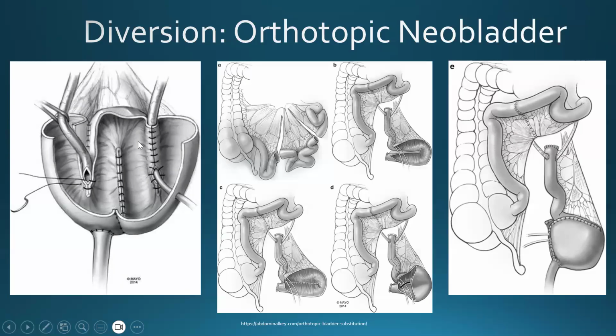Alternatively, you can perform this type of procedure where the bowel segment is folded into sort of this W shape, kind of like a soccer ball, and the ureters are plugged into here. And then the patient's native urethra, of course, is anastomosed onto this lower segment.